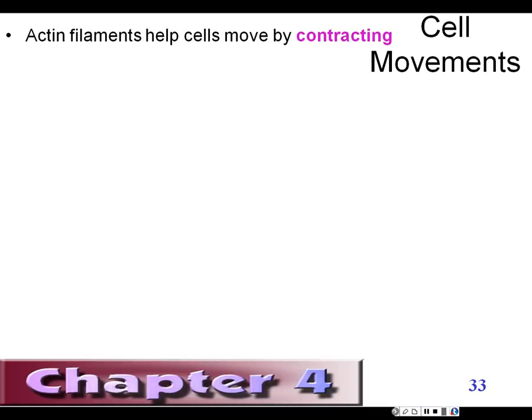It's when those two are pulled together by the myosin's arm that a contraction takes place. Actin filaments help with the contraction of muscles. Usually if you see actin, it's always going to be in these helical chains.